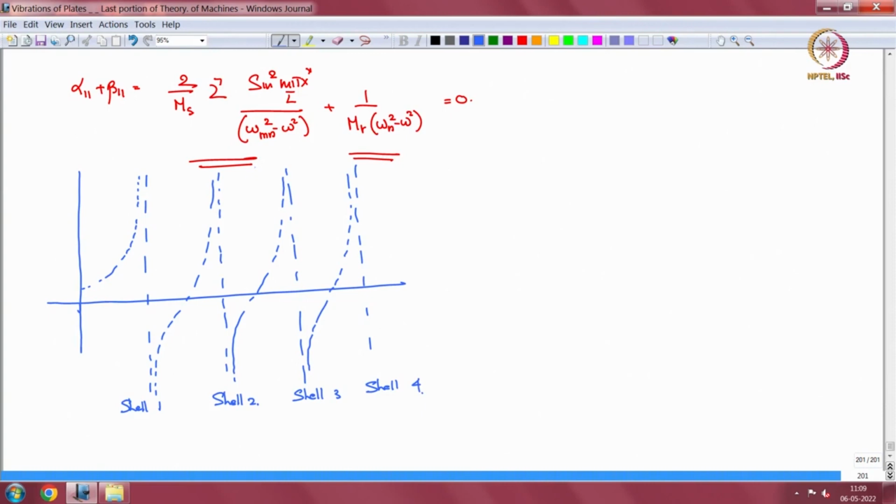And suppose my ring natural frequency is here. That means what? How does it go? Beta 1 has to be in the negative form. So, it will be coming like this from somewhere. Then it will flip sign and come down like this.